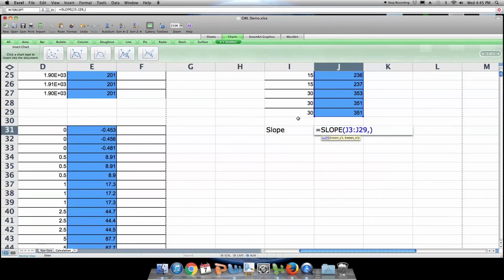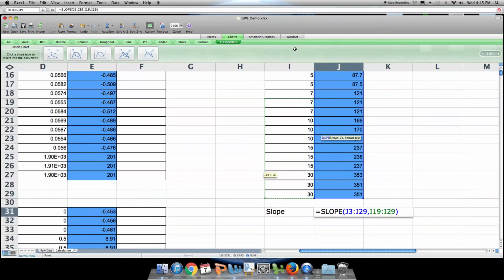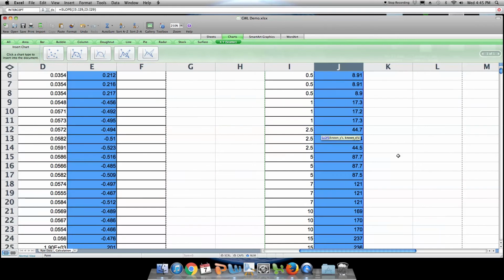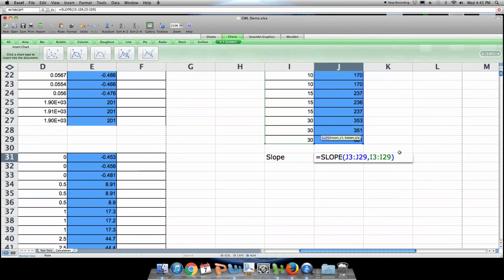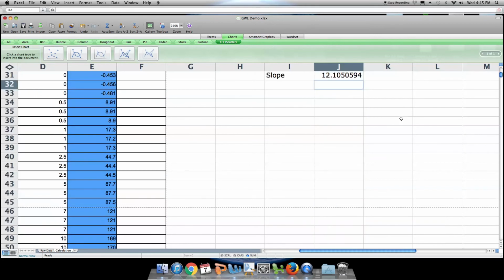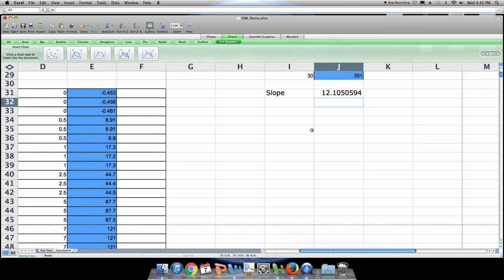And then we enter our X-axis, which is the units in milligrams per liter. Those concentration values always go on our X-axis. Now you'll note that we do have the 0 part per million standard included in this slope.